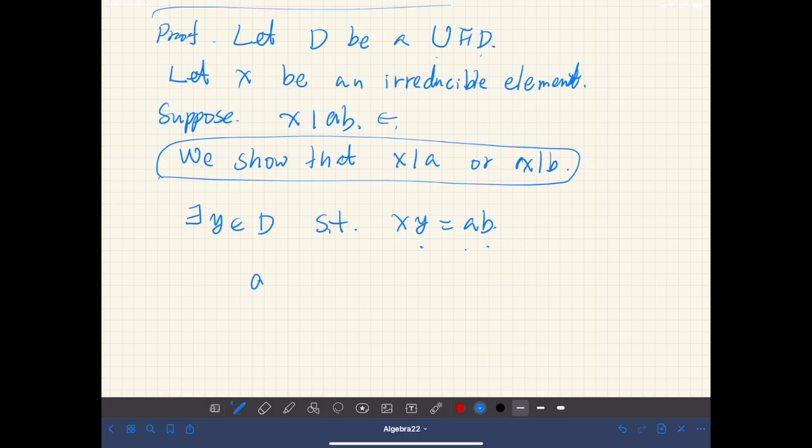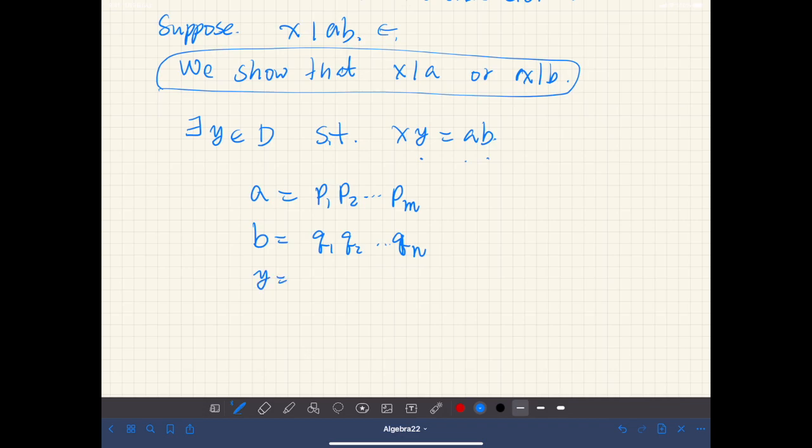Let's say a is expressed as p1, p2, and so on up to pm, and b as q1, q2, and so on up to qn, and y is equal to r1, r2, and so on up to rt. And these are irreducible elements.